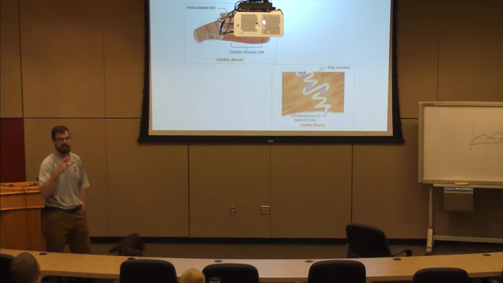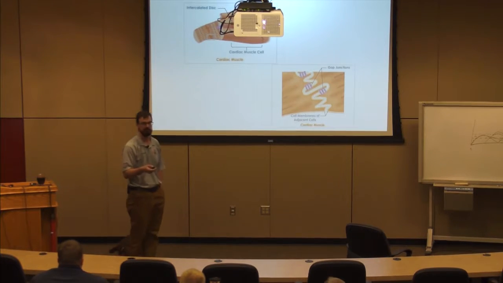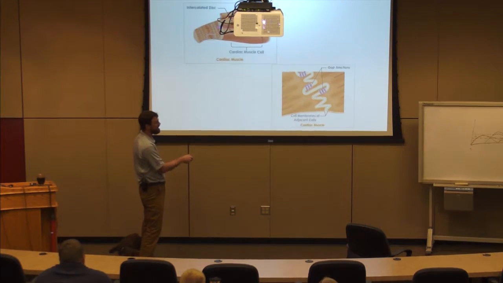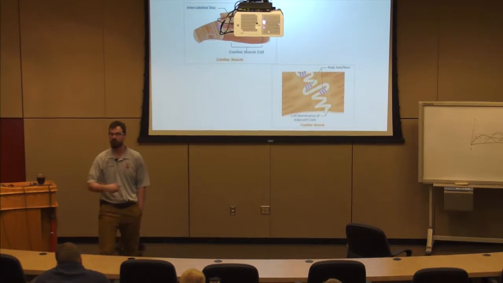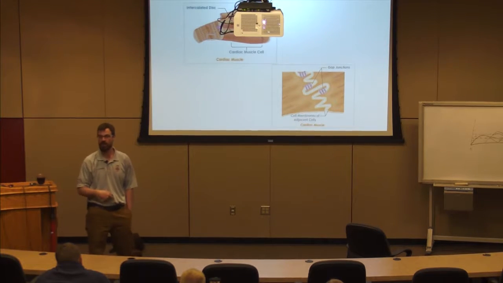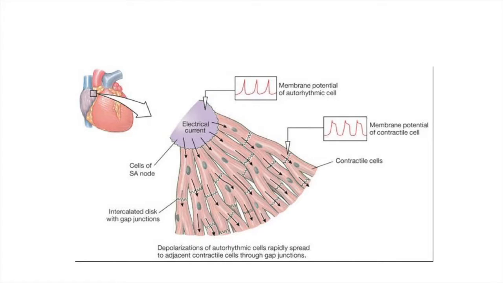So I have an SA node that has automaticity, and I have an AV node that has its own specialized membrane to set up for a bit of an AV nodal delay, right? And then I have very specialized conduction fibers in the ventricles to make up the His bundle, left bundle, and Purkinje fibers that really are a result of efficient communication. And so I transmit a signal faster through those electrical pathways than I would from cell to cell to cell to cell in the ventricular myocyte, right? So I propagate a signal here, and that signal is subsequently sent throughout the heart.